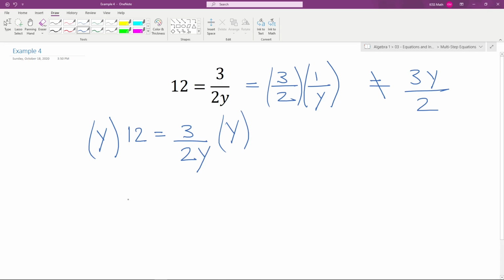If I do that, I get 12 times y. You can write y times 12, but normally you write the number first, or the coefficient first. That's just the proper way to write it, but both ways are correct. So 12y equals, now we multiplied this thing by y, and so this cancels out with that, which is what we wanted. And so you just end up with the 3 over 2.